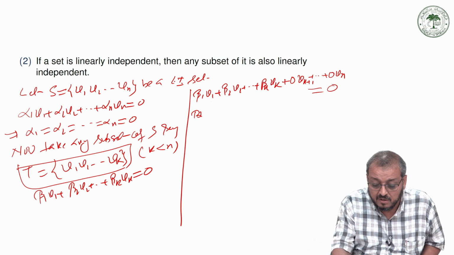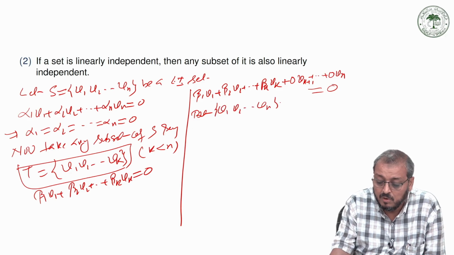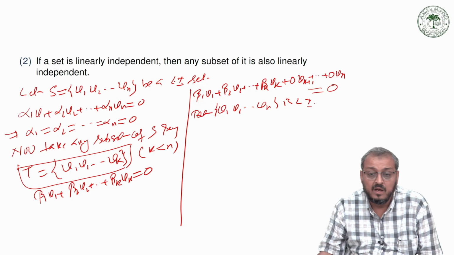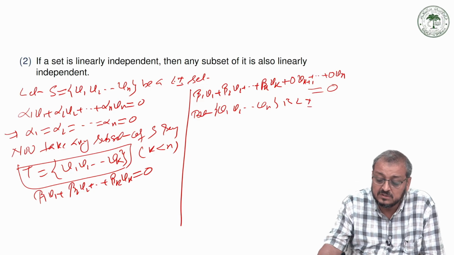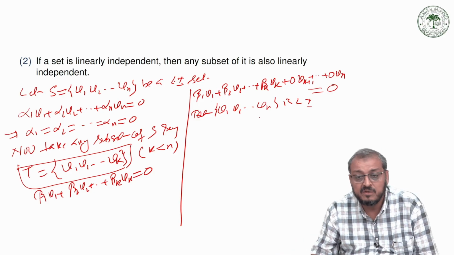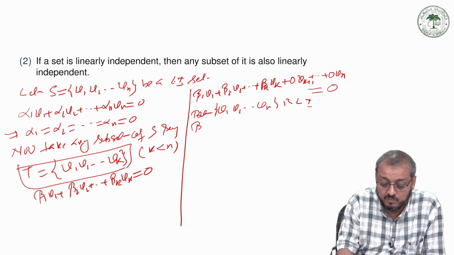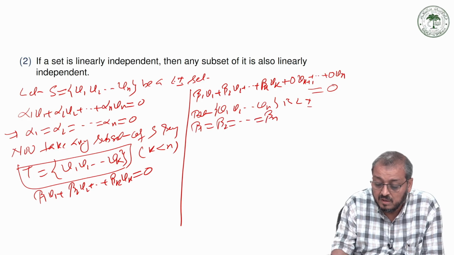But we are given that the set v1, v2 up to vn is linearly independent, and that means if this linear combination is the zero vector, then the only possibility is beta 1 is equal to beta 2 and so on, up to beta k, is equal to 0.